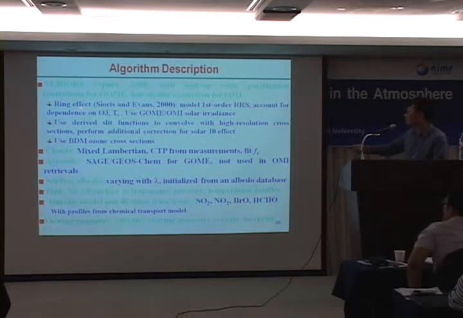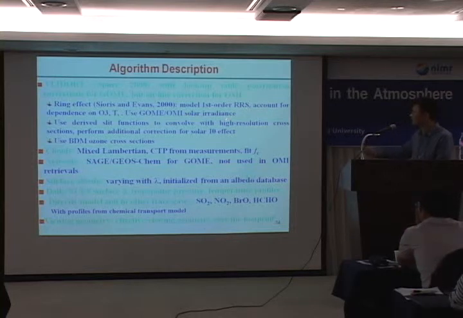So we switched to use the Ring model developed by Sioris and Evans. Basically it models the first order of the rotational Raman scattering using a single scatter model. We also use the GOME and OMI solar irradiance as a source function. Based on this, we can significantly reduce the fitting residual, especially in the Huggins band.